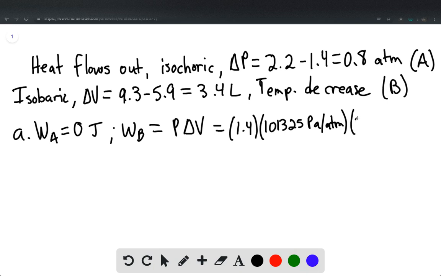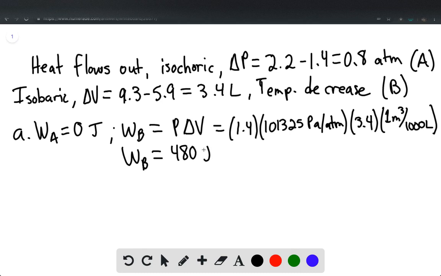Then we have 3.4 liters, and then we're going to multiply this by 1 cubic meter per 1,000 liters, so we must convert. And we're finding that the total work in process B is going to be approximately 480 joules.